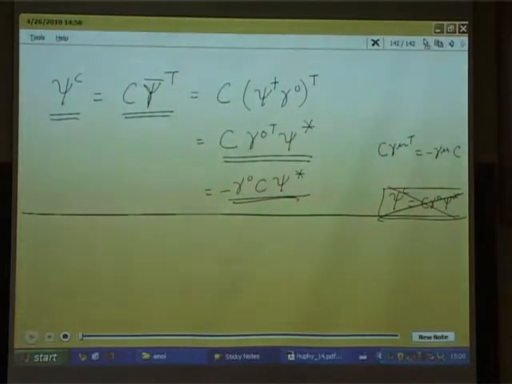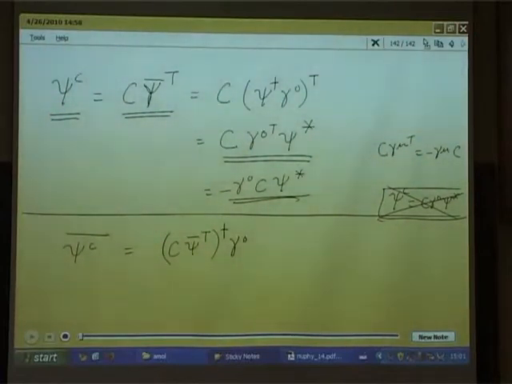What we need to know for further manipulations is how to write down psi C bar. So what is psi C bar? Psi C, now we know what it looks like. Psi C is C psi bar transpose, which is psi C dagger gamma 0.